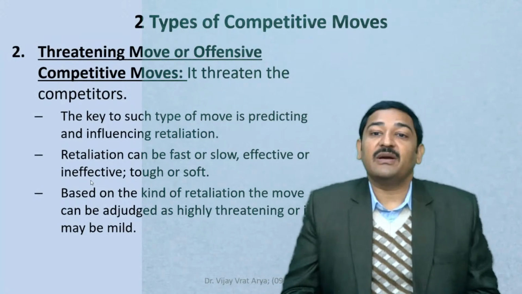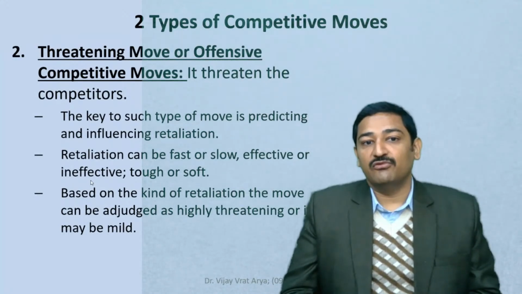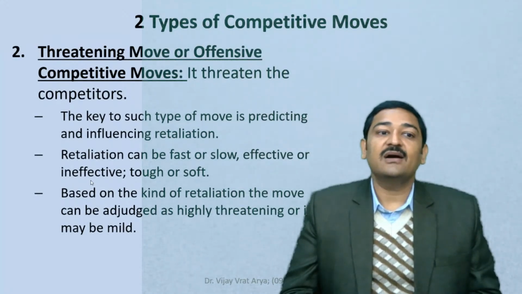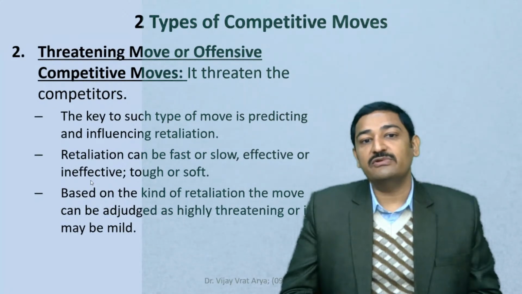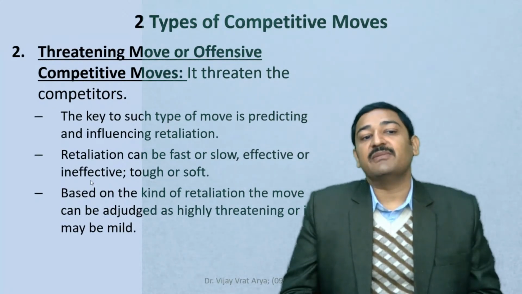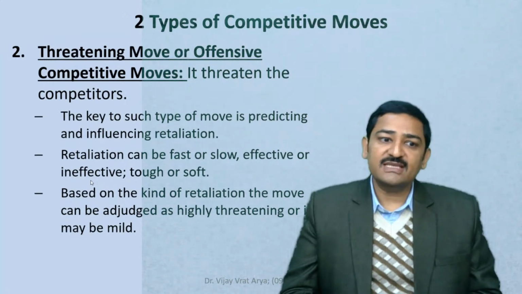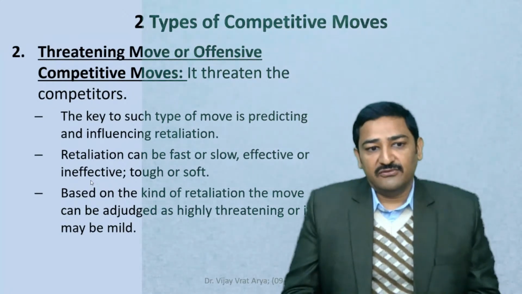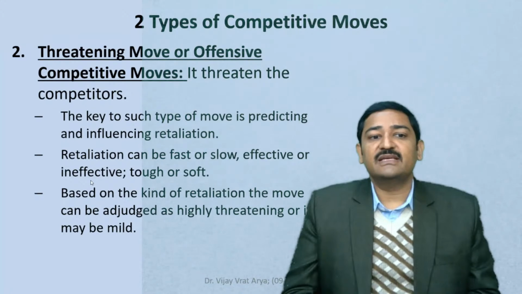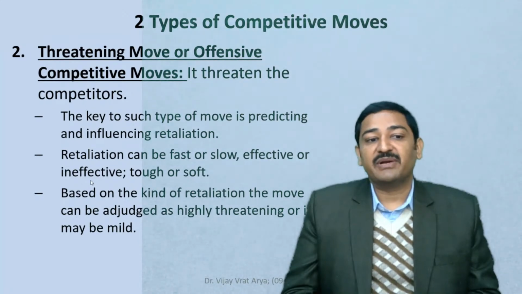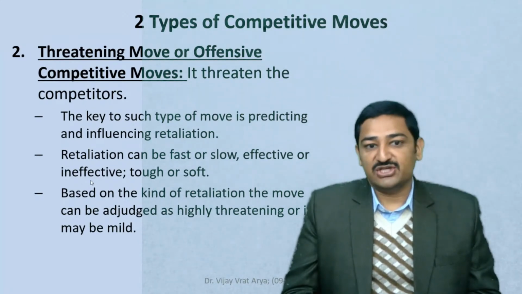The second type of competitive move is the threatening move, which is also known as the offensive competitive move, which actually threatens the competitors, and which subsequently has three major aspects. First, the key to such a move is predicting and influencing retaliation.